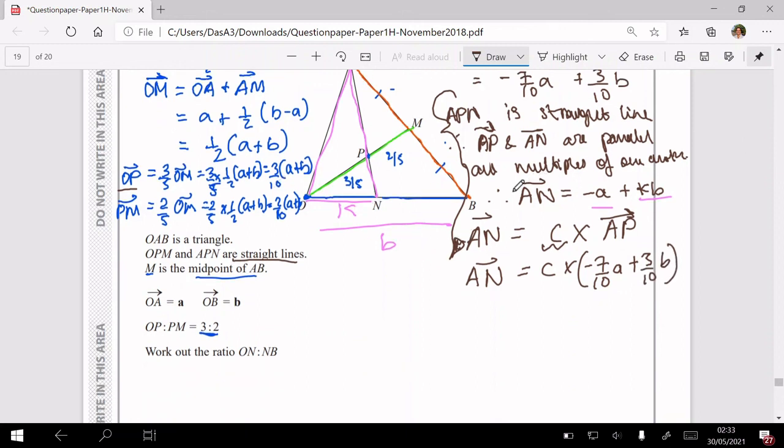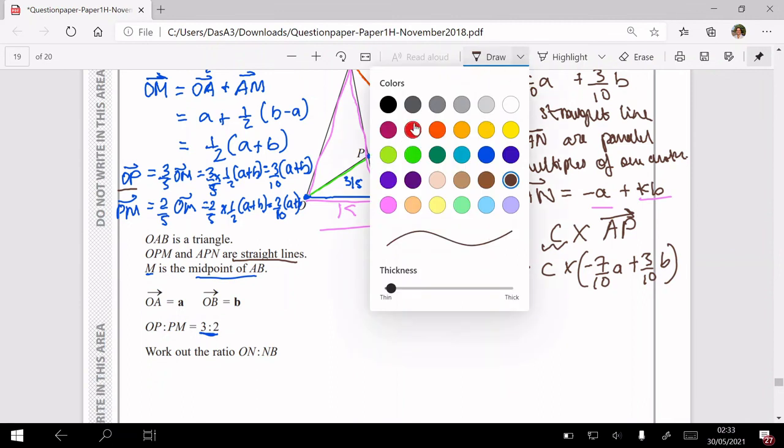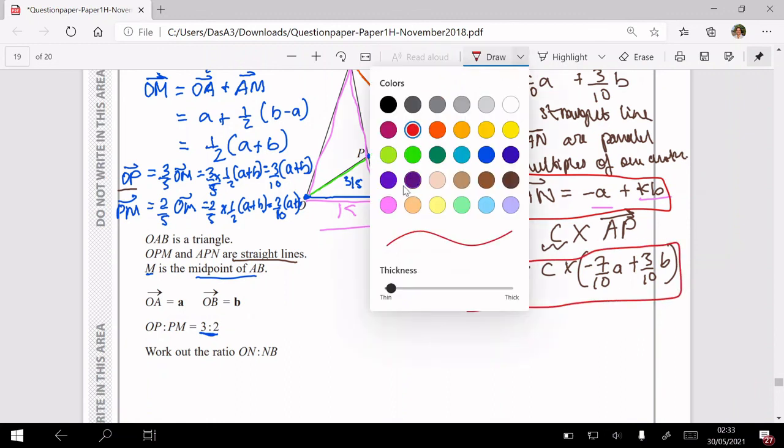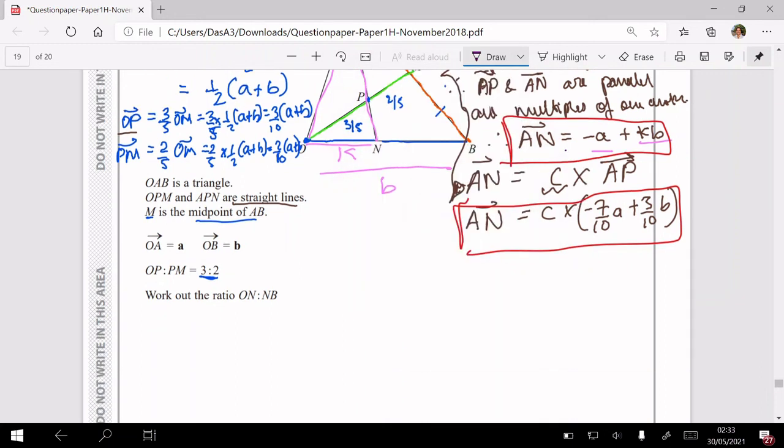Now we have two equations for AN, and what we can do is equate them to each other. So minus A plus KB is equal to C times minus 7 over 10 A, which is minus 7 over 10 AC, plus 3 over 10 BC.